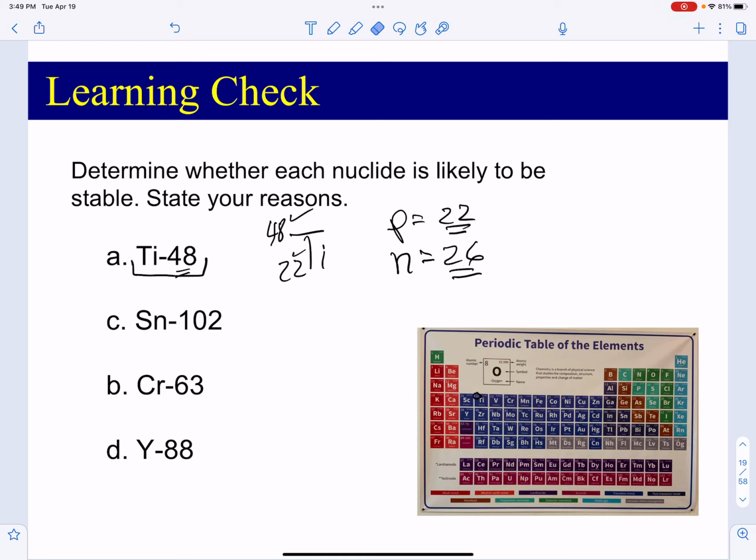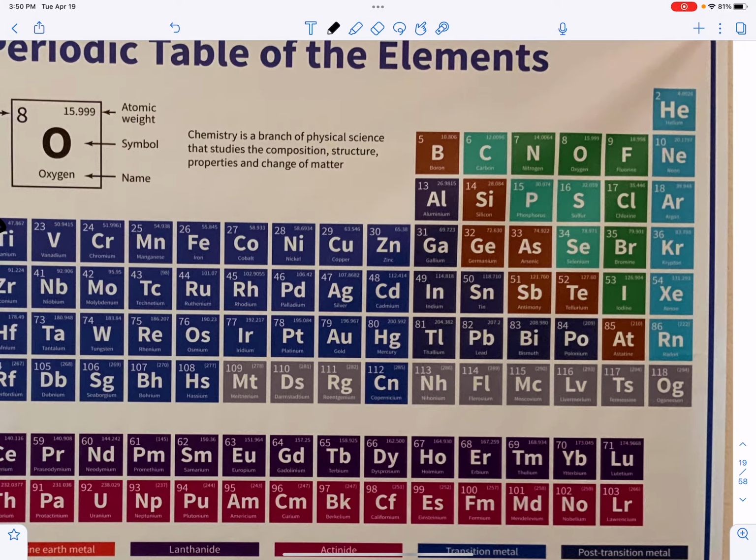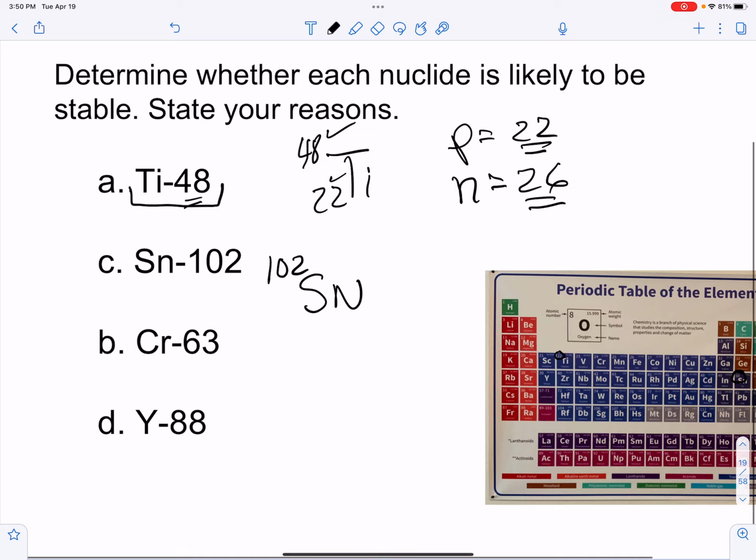Tin-102. So we're going to have tin. It's going to be 102, and the atomic number is going to be 50. So once more, we're seeing even numbers. That's going to be my reason to say that this is relatively stable. Even numbers, 102 and 50.